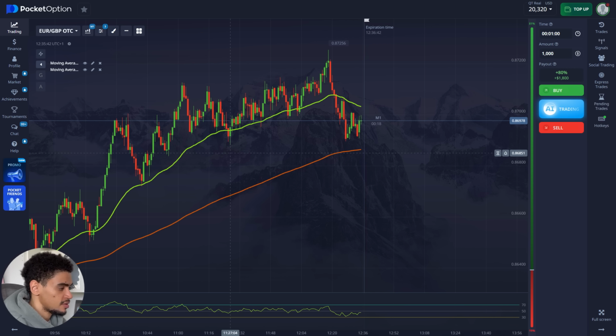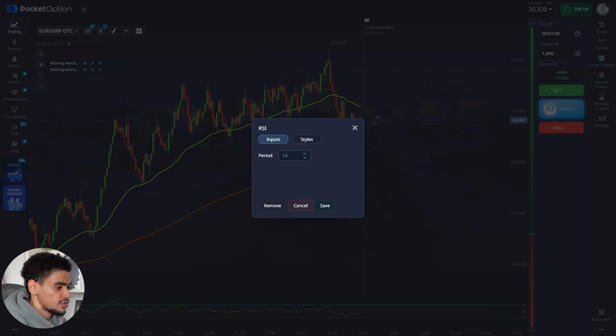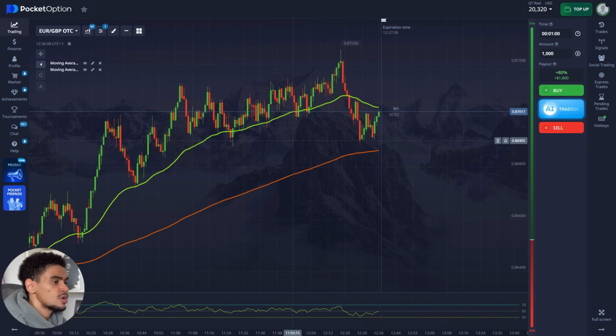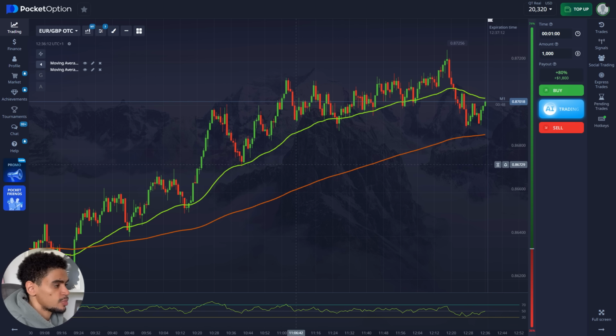This is going to be your main thing. Then RSI. For RSI, we're going to go with a period of 14, and that is pretty much it. So when do you take a buy position? You find a chart where the price is moving in a trending direction.